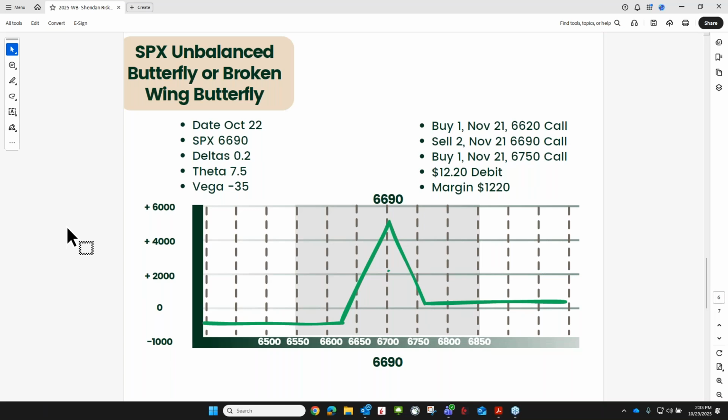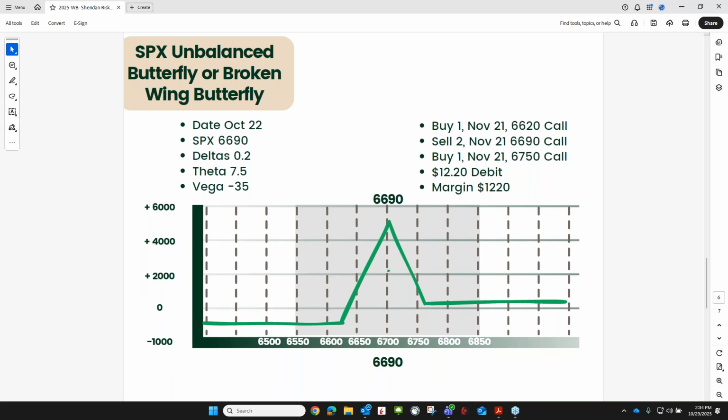So an iron butterfly: if I take these same strikes, same expiration, and now make it a credit transaction, I'm going to sell the at the money call and put. But now watch this.